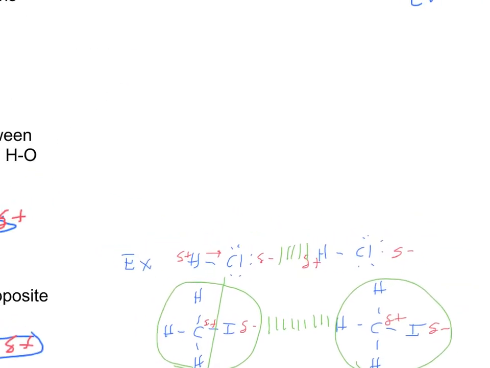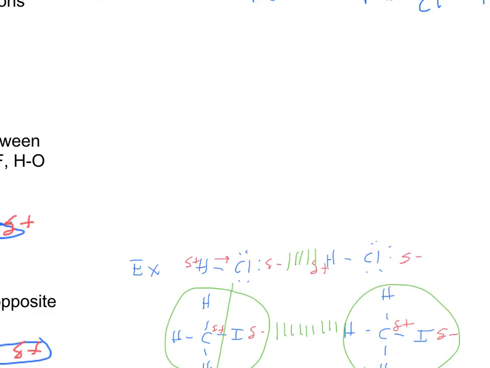Here's an example of a real compound that hydrogen bonds. Here's the stick diagram for hydrofluoric acid. This is an extremely polar bond, with fluorine having the larger electronegativity difference.